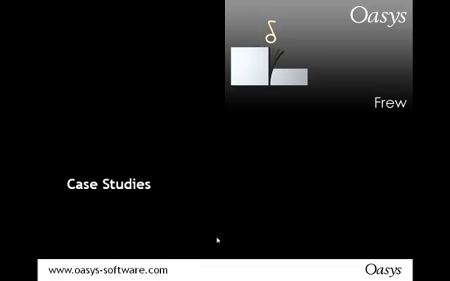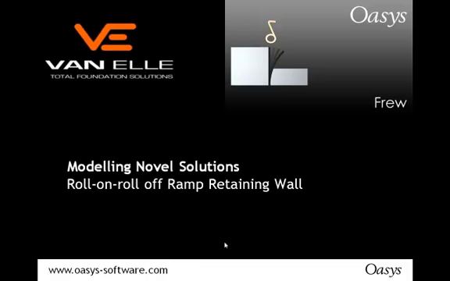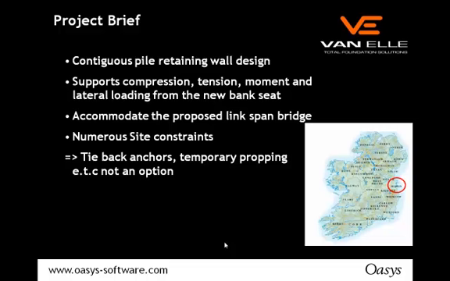So I'll start with a case study from one of our external customers, which is Van Earl. This case study was actually presented at the Deep Foundation Institute, and it's a case study showing how novel solutions were modelled for a roll-on, roll-off ramp retaining wall. So I'll introduce you to the problem.